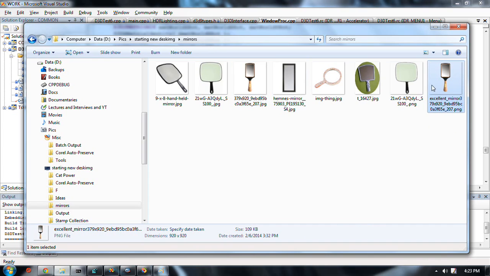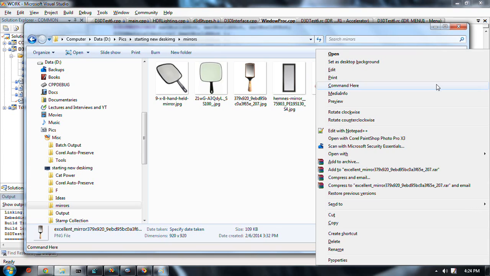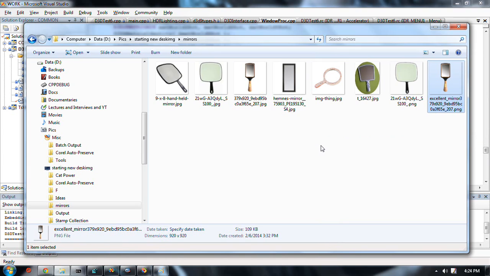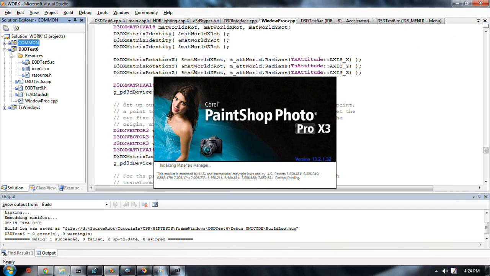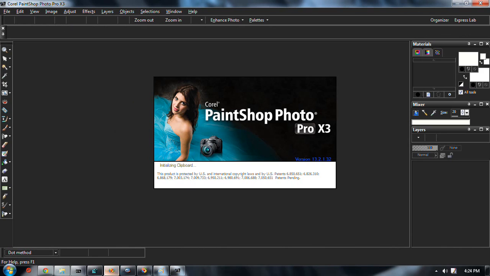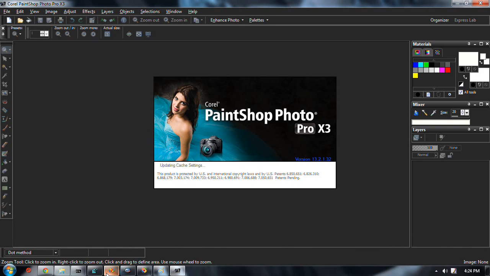If I turn one into a PNG so it has alpha, and if you look at it in here, you'll see that there's a little space above and below, but it's pretty good. Now the mirror, I have to give it the right coordinates.